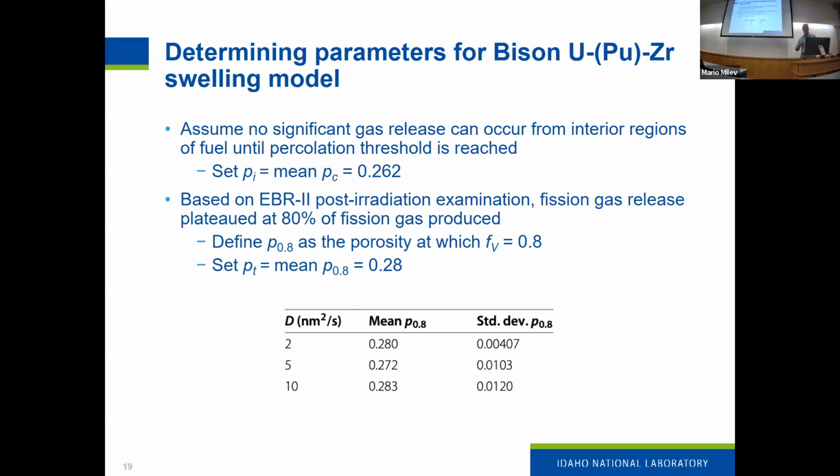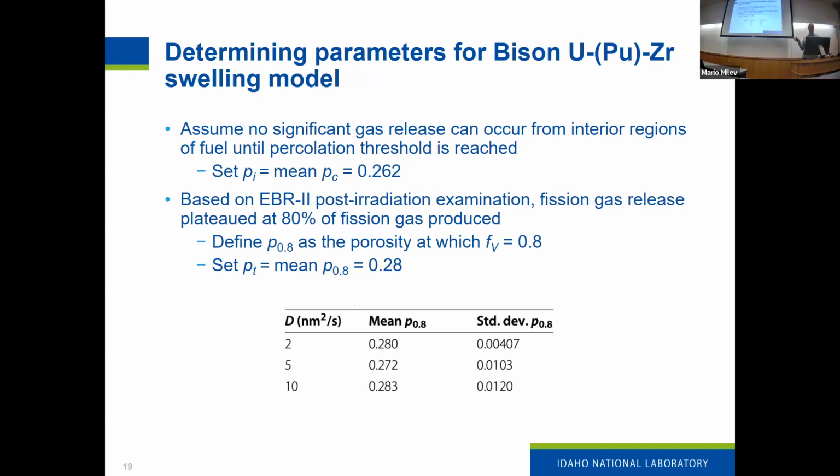And then we also know from some other PIE data, post-irradiation examination data, that the fission gas release plateaued at about 80% of the fission gas that was produced. So we defined a new porosity P0.8 as the porosity at which the fraction vented is equal to 0.8.